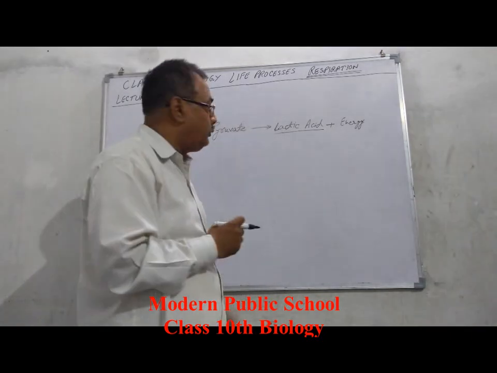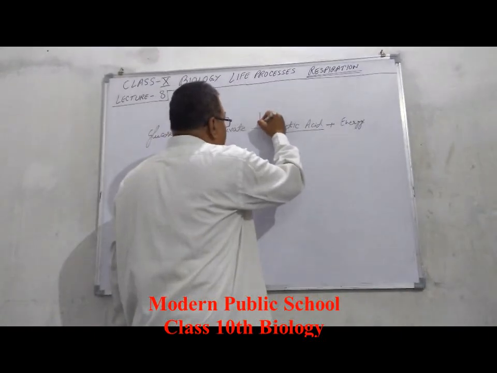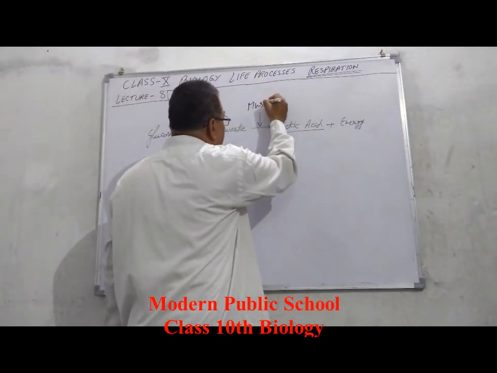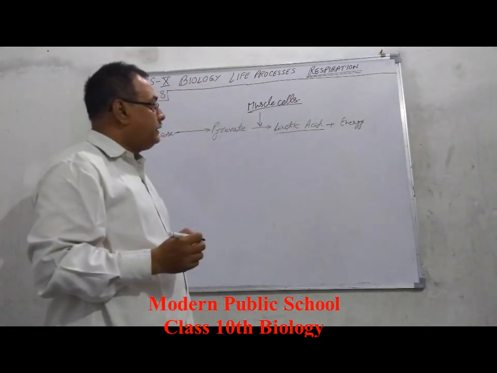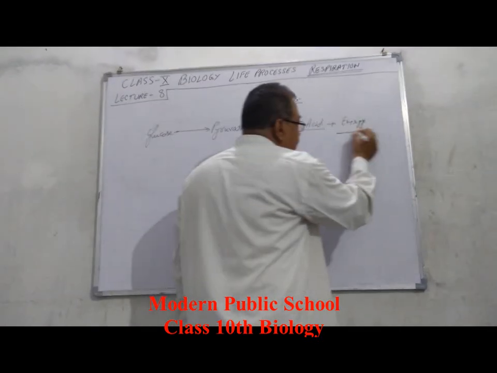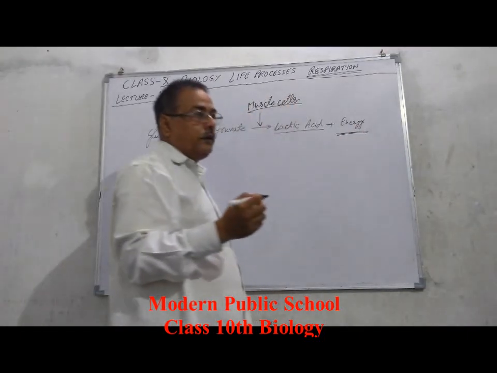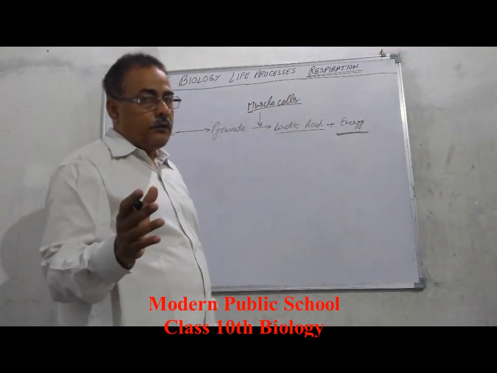Muscles में बहुत पेन होता है. It is in muscle cells. Here also energy is produced, but in very low amount.